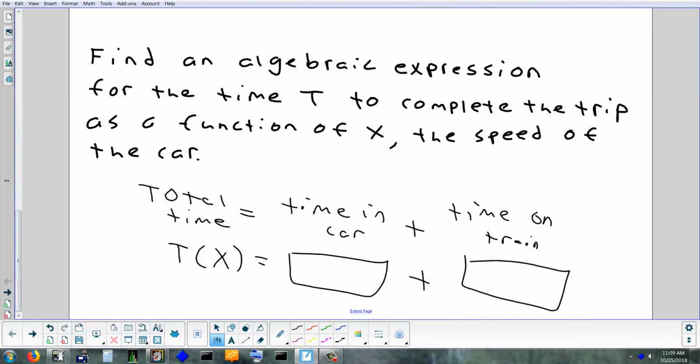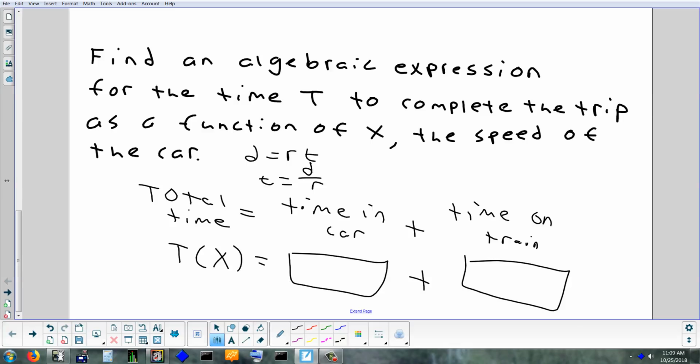Yep, t equals d divided by r. So that's what we're going to put in each of these boxes: d divided by r and d divided by r.